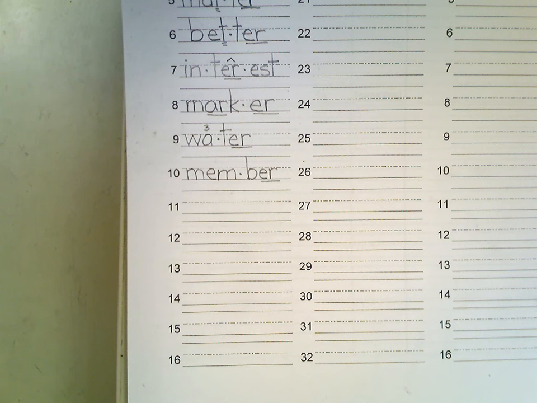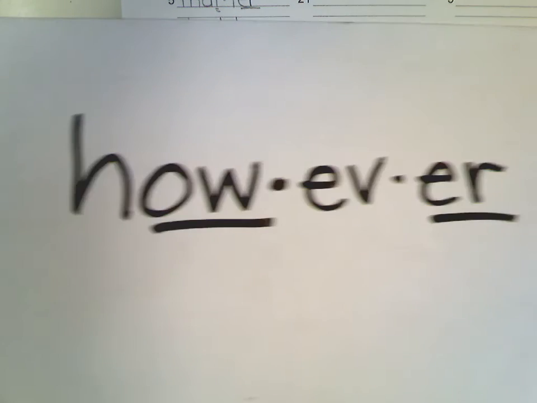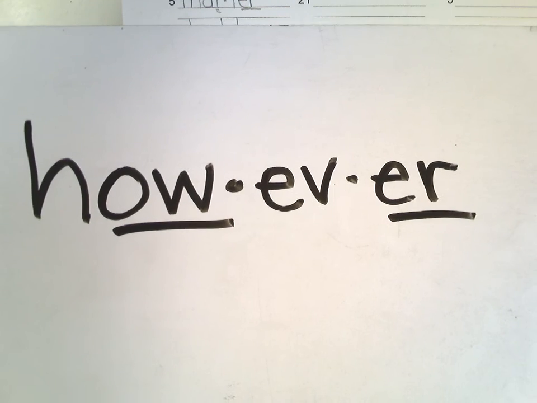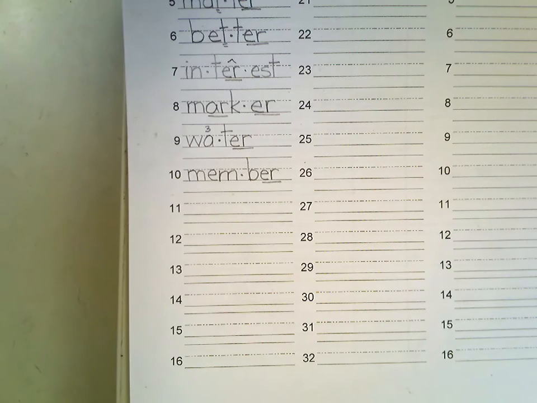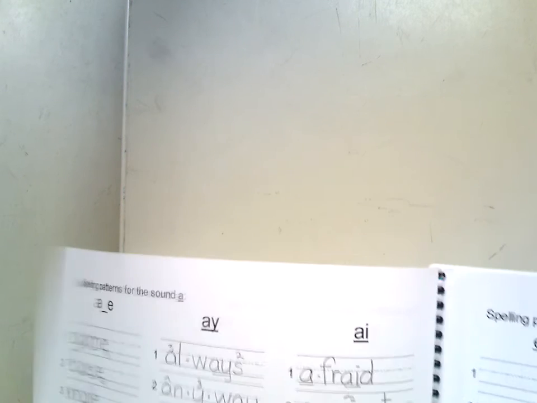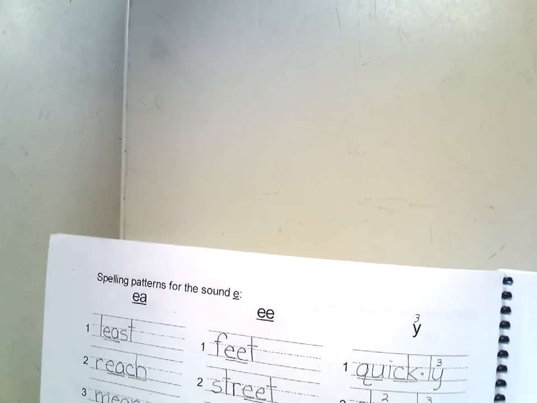All right, and let's check it. Now, I think we can put this on our ease page. I think we have a place on our ease page for the next word I wanted us to do. Let me check.